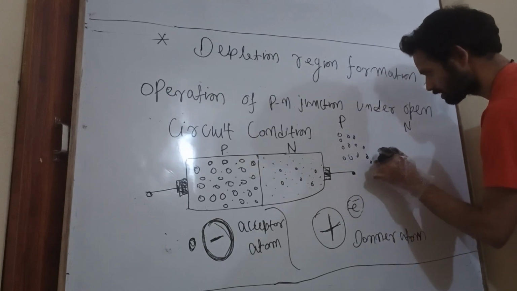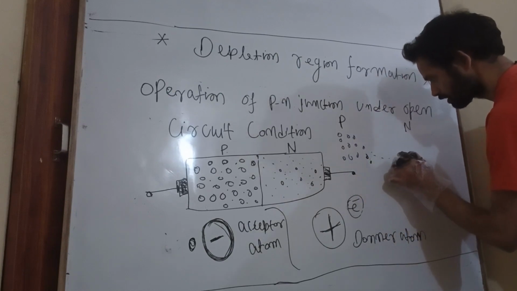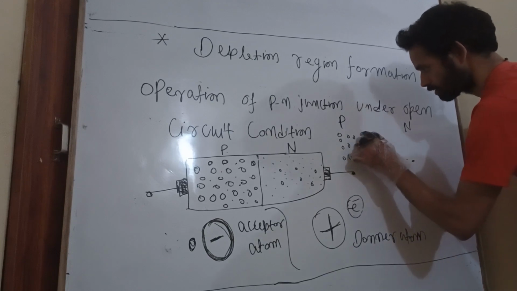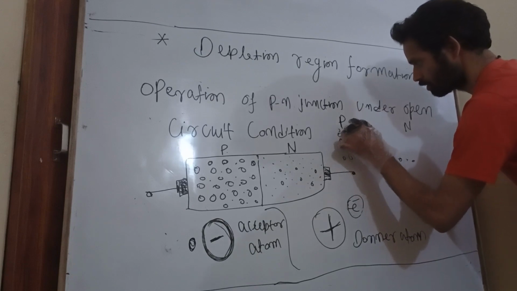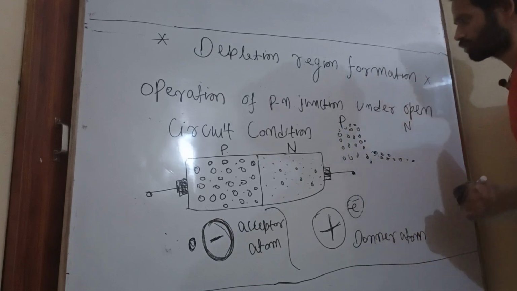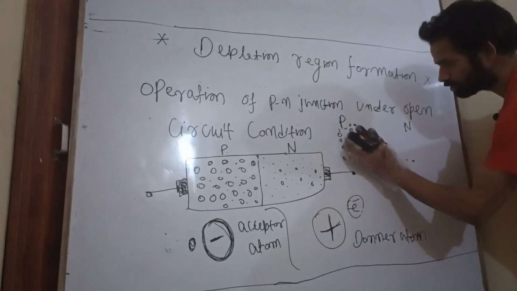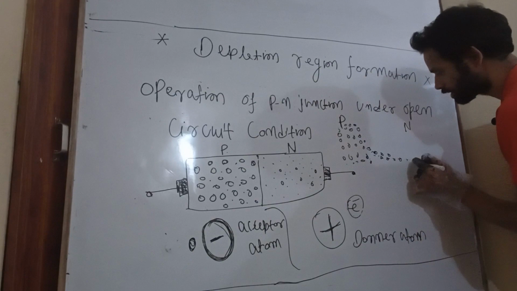Coming to the n region, these holes are decreasing slowly. Holes are in majority on one side, with higher concentration and lower concentration.